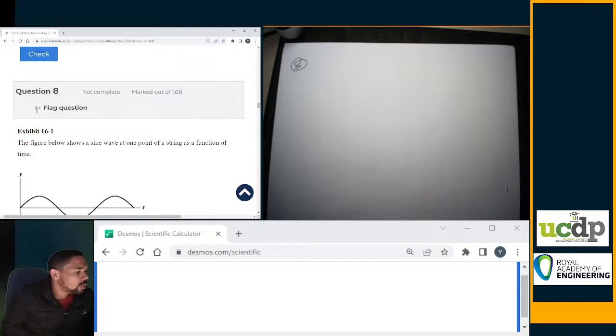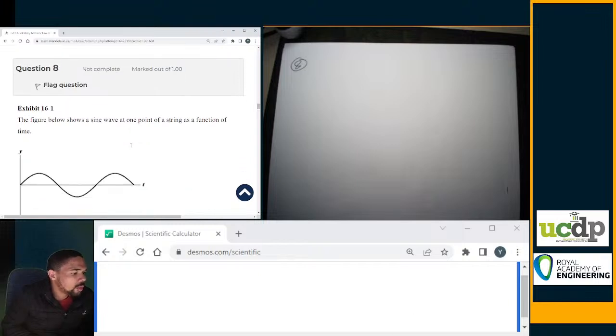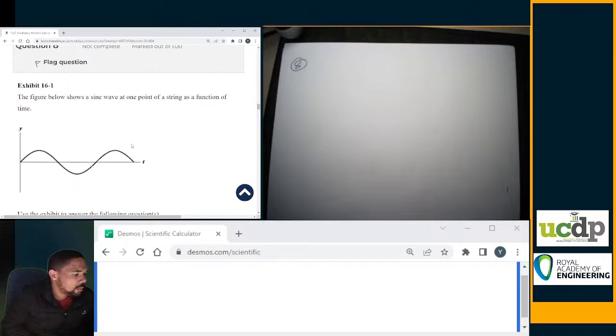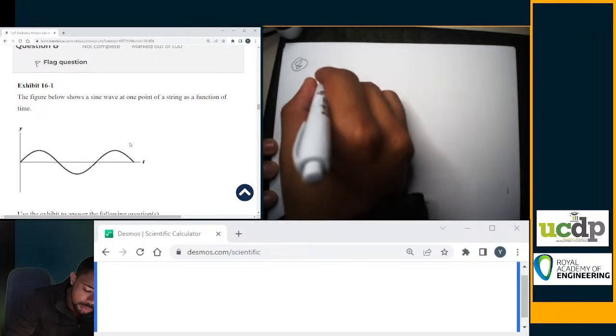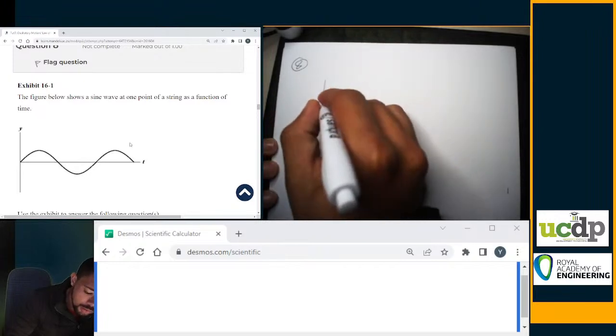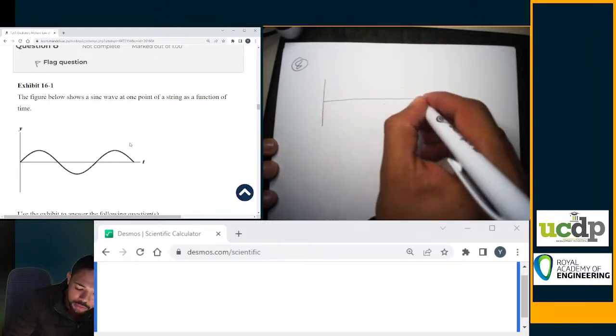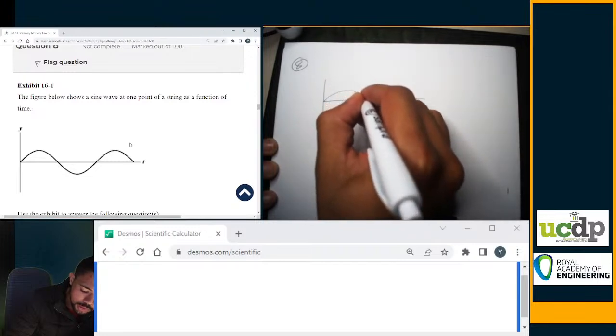The figure below shows a sine wave at one point of a string as a function of time. Okay, so that is a sine wave. Before we go into this question, let me just describe a wave for you. This would be a typical sine wave.